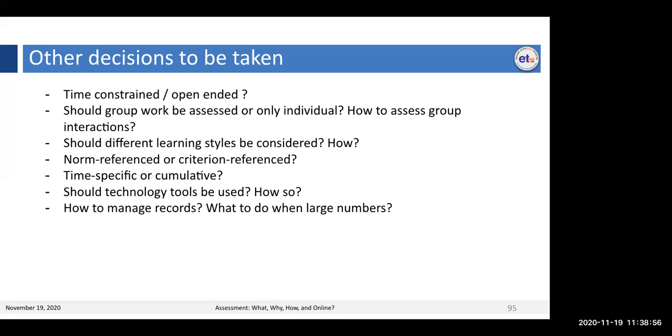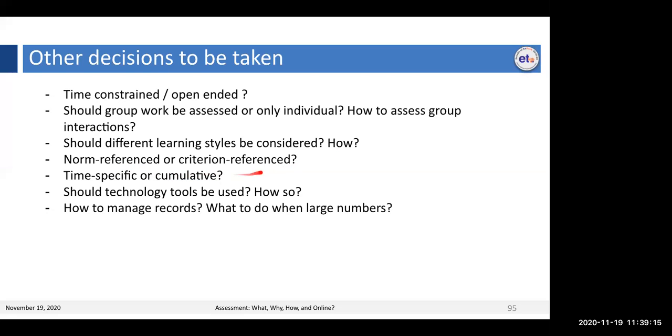So how much weightage do you distribute for each kind of criteria? How to assess group interactions? Should different learning styles be considered? How? There are different ways that students learn, so do we need to consider that also, right?